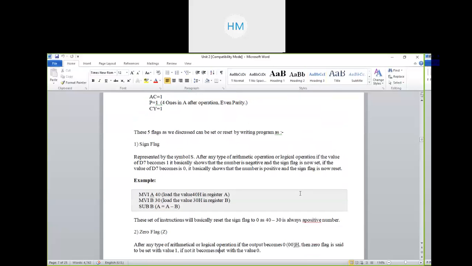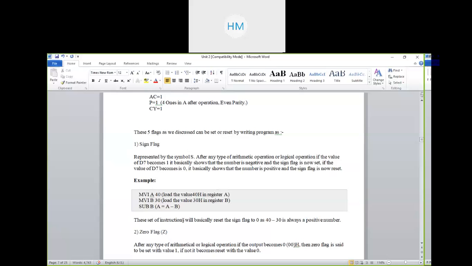See, now if I want to set or reset the sign flag, carry flag, or zero flag, I can't do it directly. I have to use some instructions. I have to write a program. If I want to set or reset the sign flag, I need some instructions, then I have to write a small program to do that. So this program is there for the sign flag.